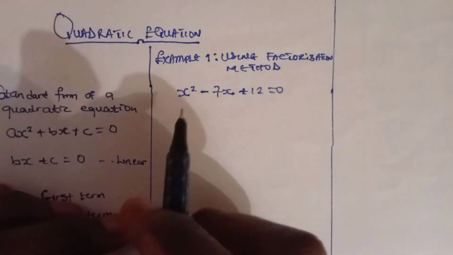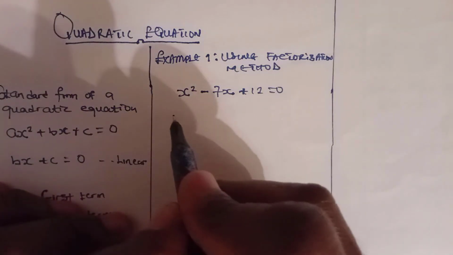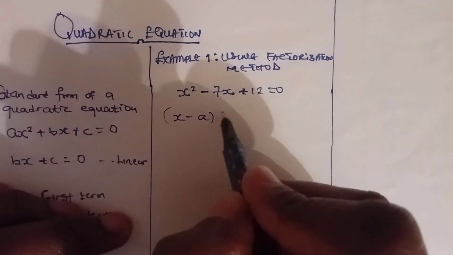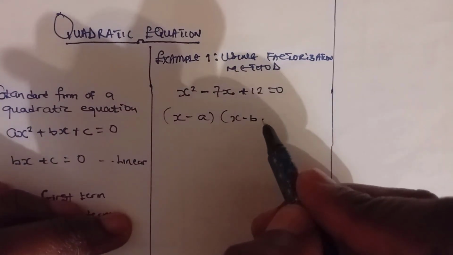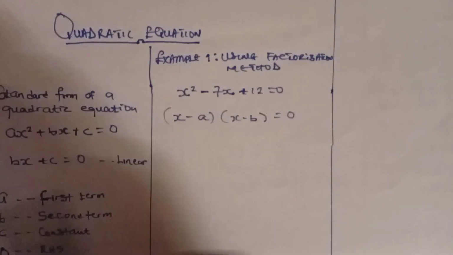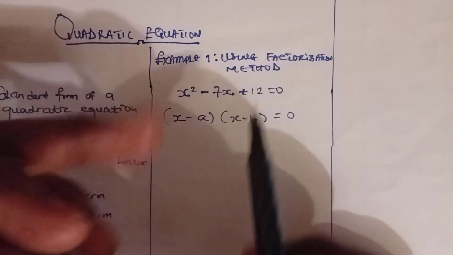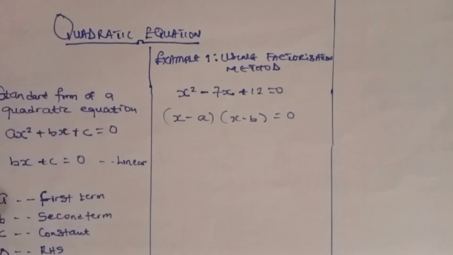You can provide a solution to this kind of problem if you can factorize it into the form (x minus a)(x minus b) equals 0. That is, if you can factorize this expression into brackets like this, then you can provide a solution to it.